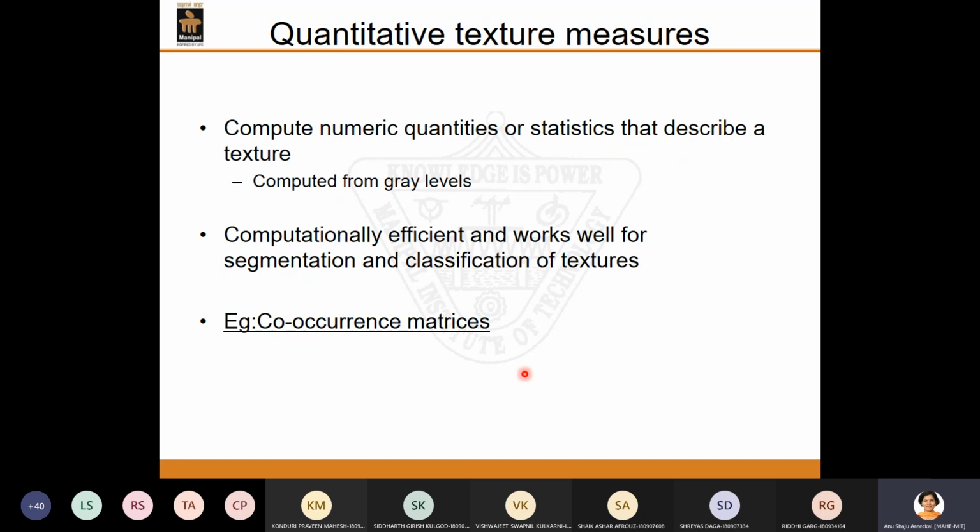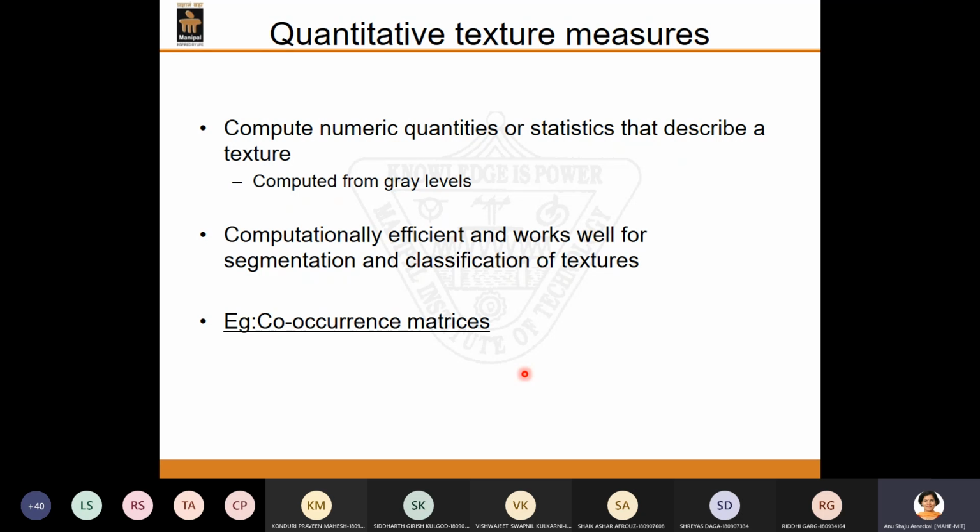Then you have other texture features like morphological gradients. So far we have looked at gradients where you just take the finite difference approximation of the pixel values. Instead, you can also do a morphological gradient, that is, using morphological operators to find the gradient information in a particular image.